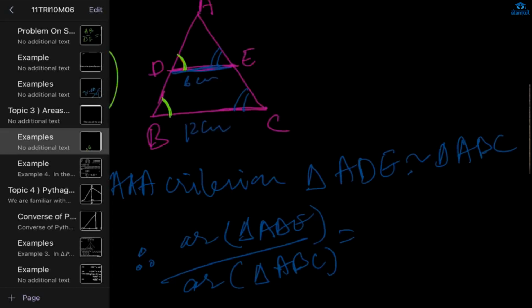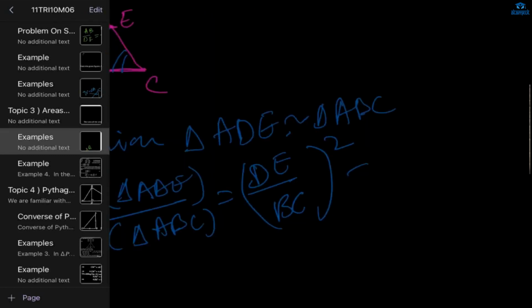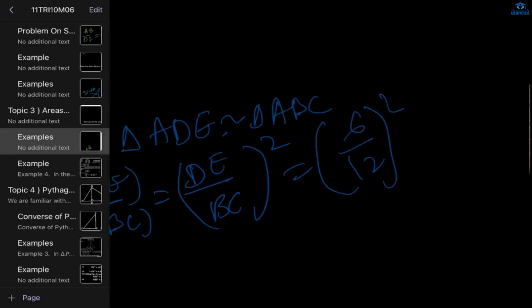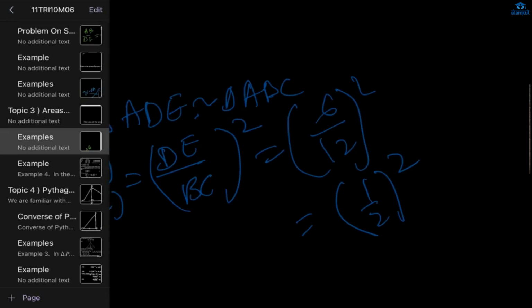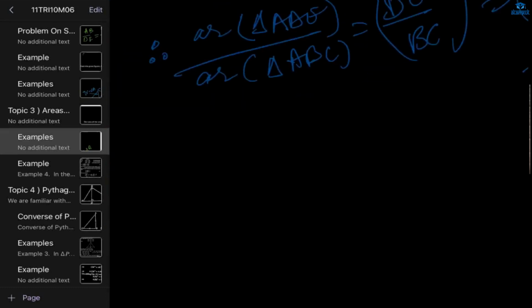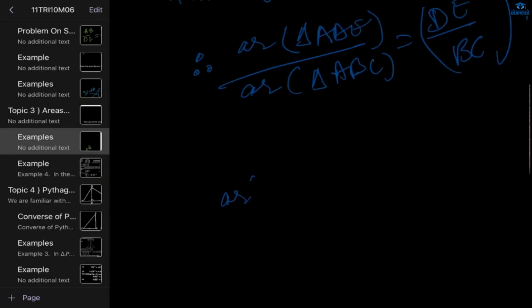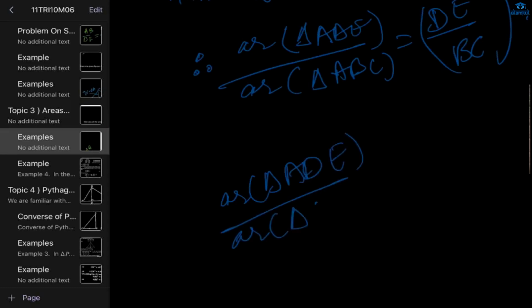Now we are going to choose the same side, that is DE by BC whole square. This will be equal to 6 by 12 whole square, which will be equal to 1 by 2 whole square. So now we have got the ratio: area of triangle ADE by area of triangle ABC is equal to 1 by 4.